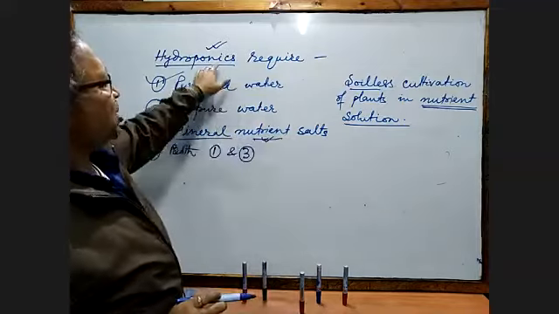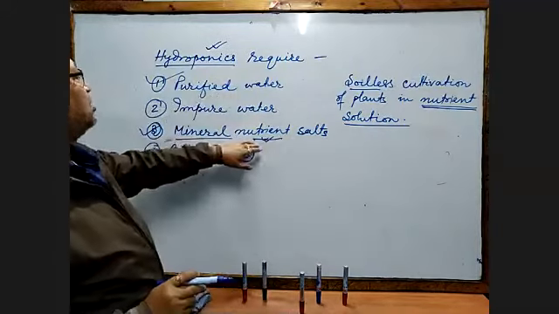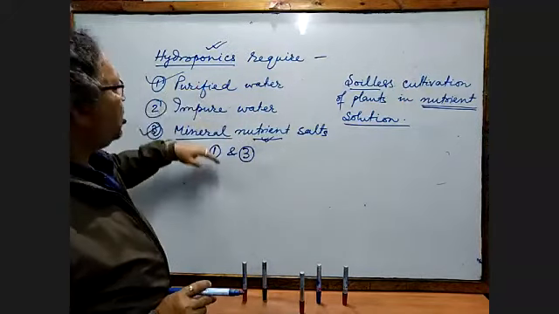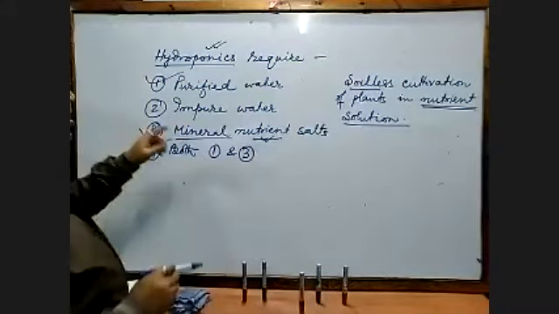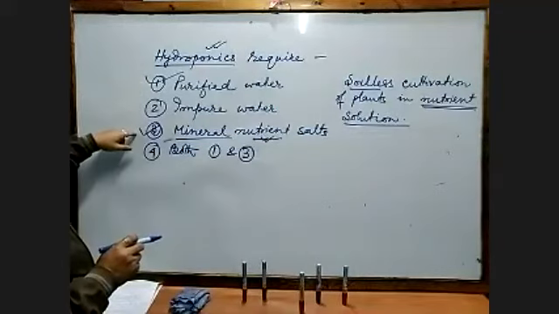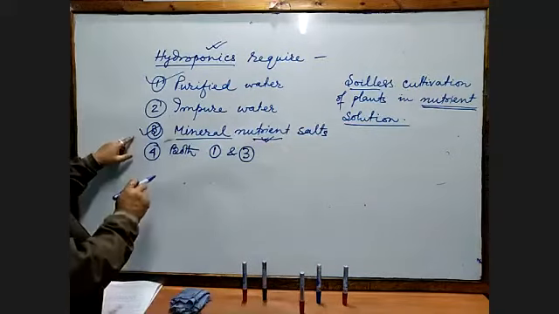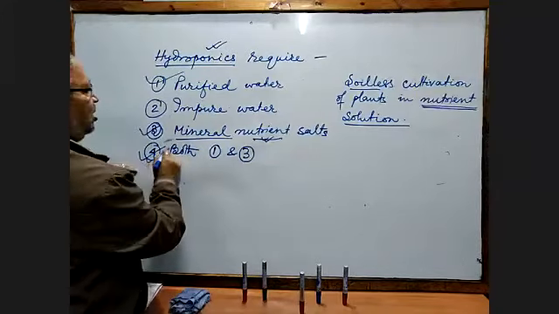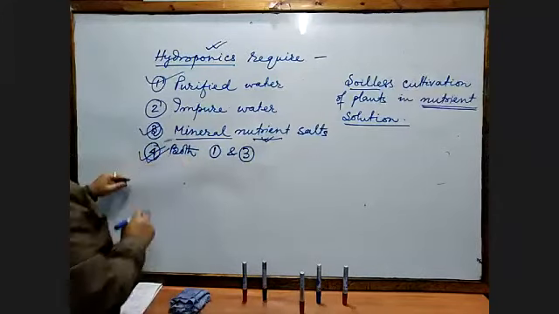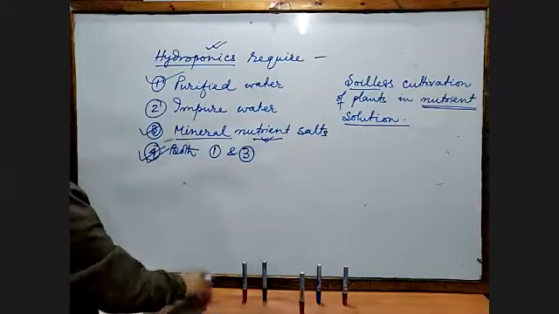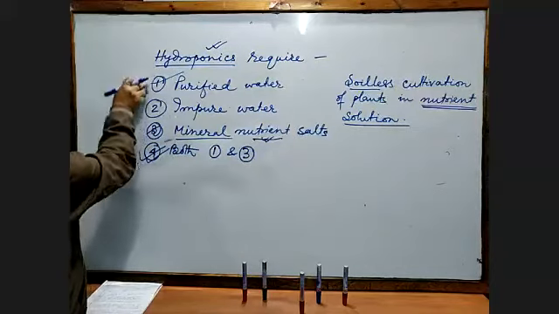So hydroponics requires mineral salt, and the mineral salt dissolved in pure water. So our answer is not only this one. Okay, the answer is both, that is one and three. So this is the answer.